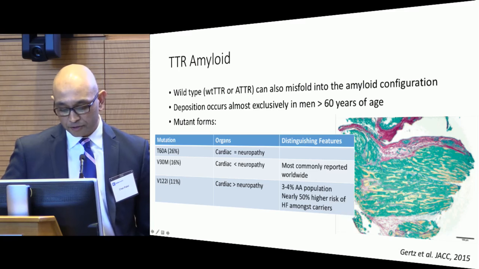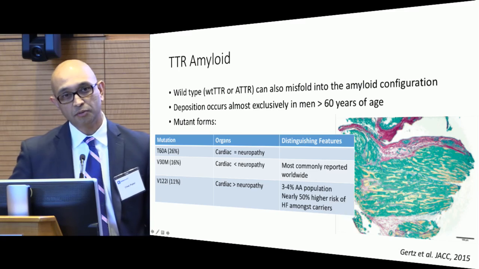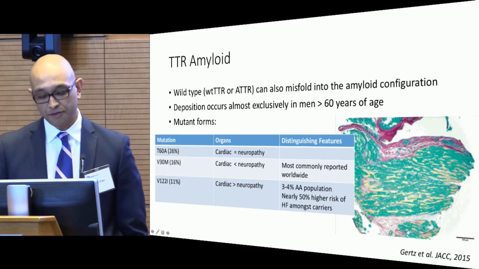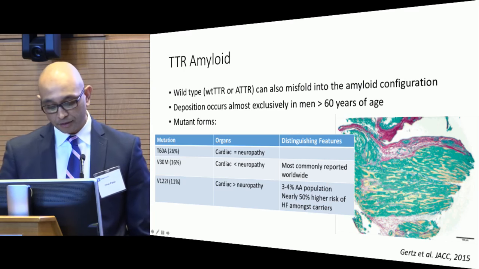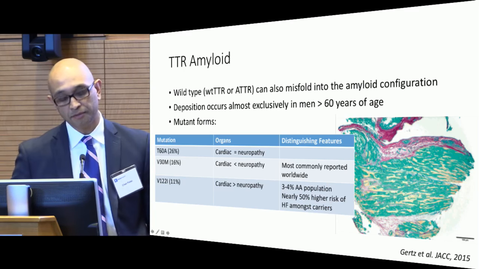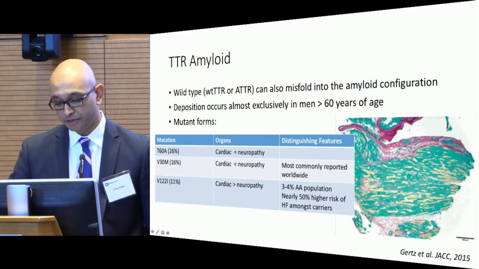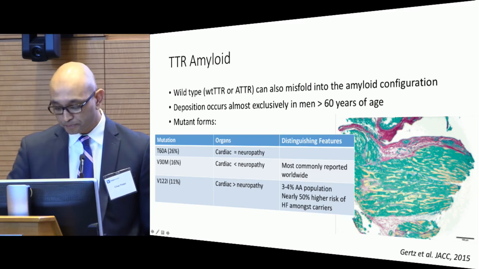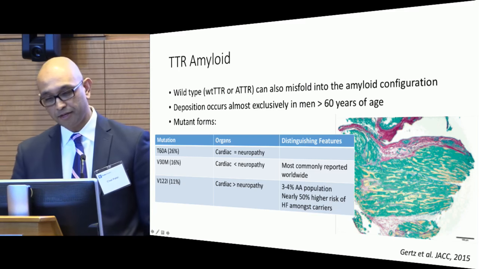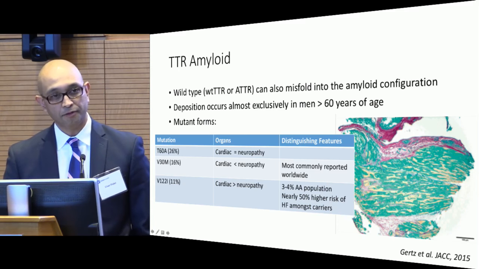For example, the T60A mutation has almost equal deposition within cardiac tissue and the nervous system, whereas the V122I mutation, which is common in the African American population, as Sasha mentioned, is almost primarily deposited within cardiac tissue. Carriers of the mutation itself have a greater than 50% higher risk of development of heart failure.